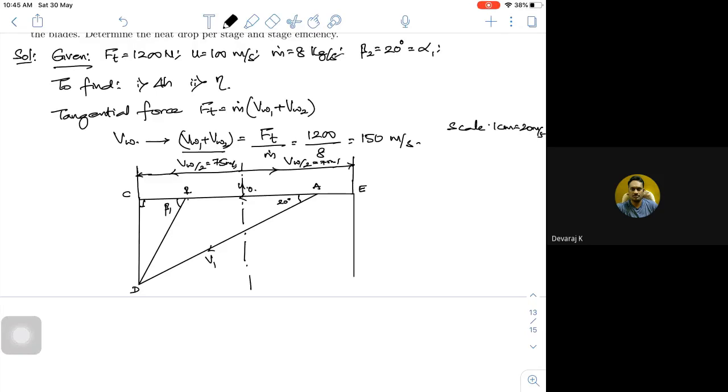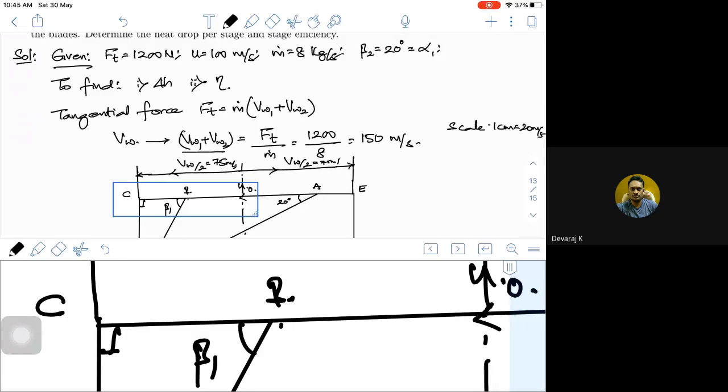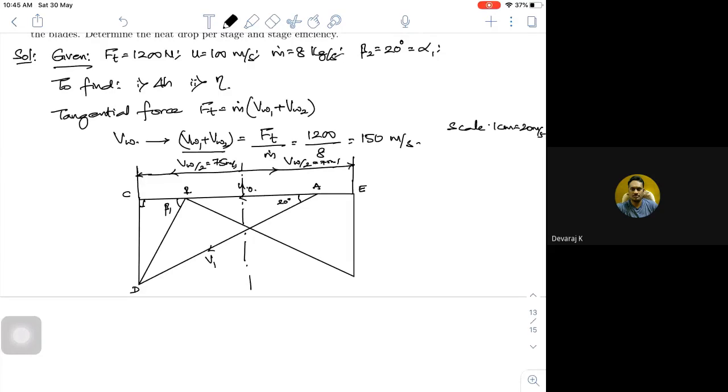I will take a line from B, and this will be your beta 2, which is equal to alpha 1. This is alpha 1, 20 degrees. So this is my VR1, and this will be my VR2.